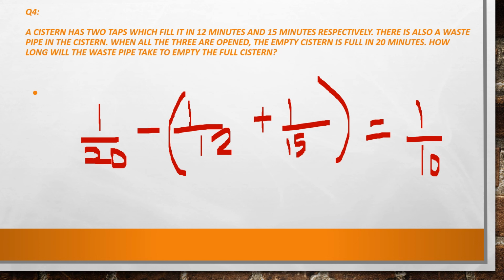If you subtract it from here, you get it as 1/20. So 10 minutes to empty the full cistern.